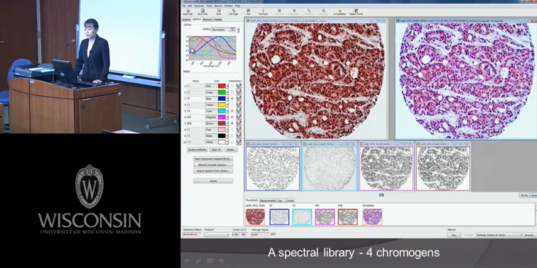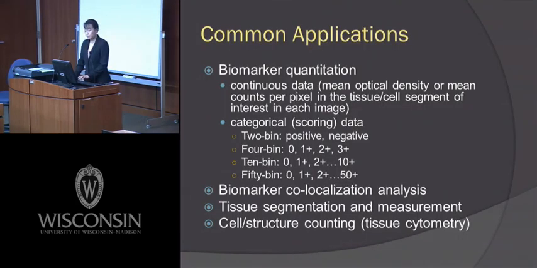As you can see, the bandwidth for each chromogen is much broader, and that's why it's relatively limited. The narrower the bandwidth, the better the resolution, and then you can do more markers with narrower bandwidth chromogens or dyes.